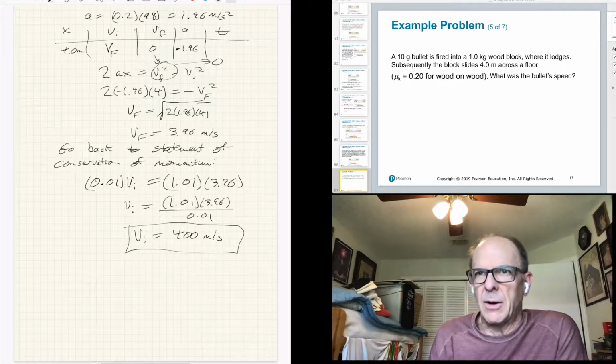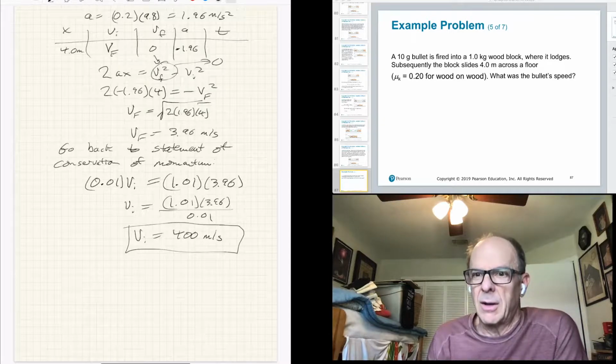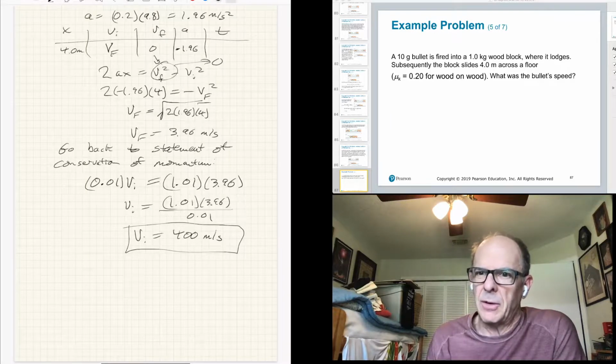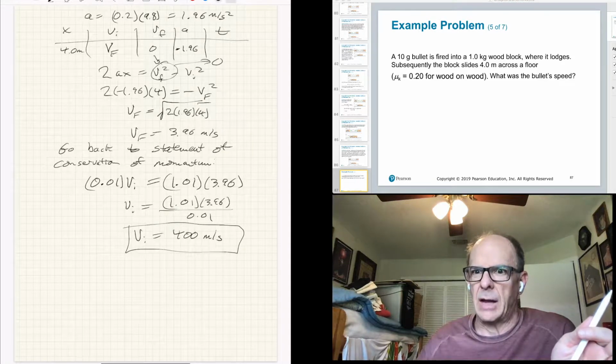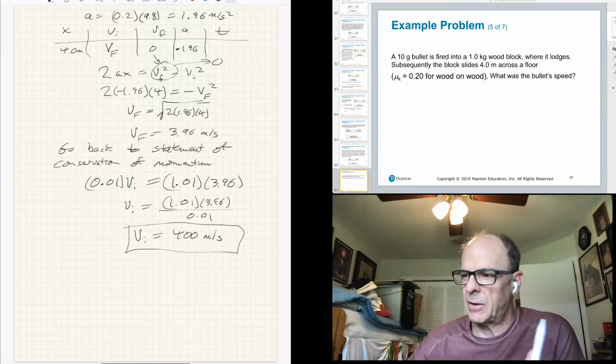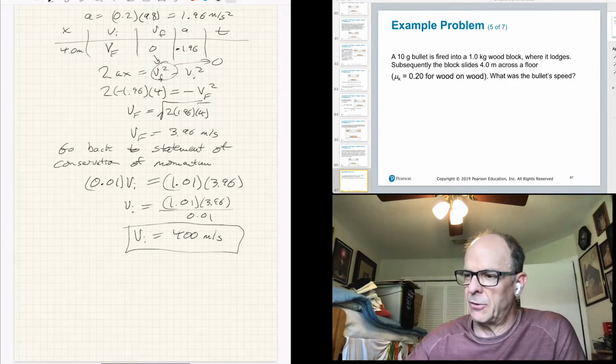This is how, for example, car crashes can be analyzed. You can look at the skid mark of the rubber on the road, and we know the coefficient of friction between rubber and concrete or asphalt, and you measure the length of that skid mark. That tells you the displacement. You know the final velocity is 0.